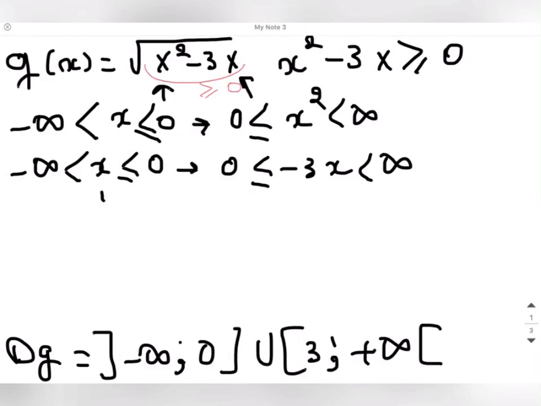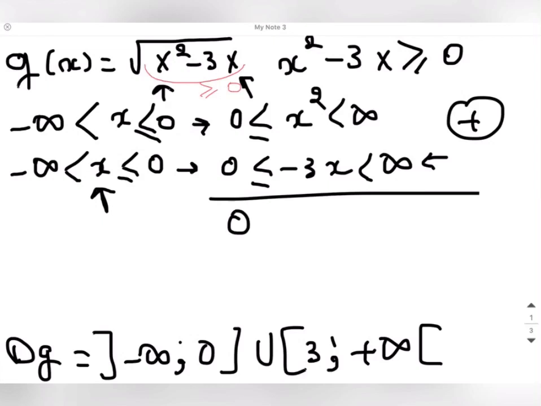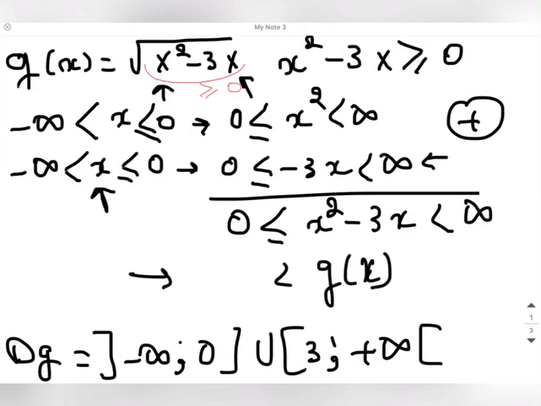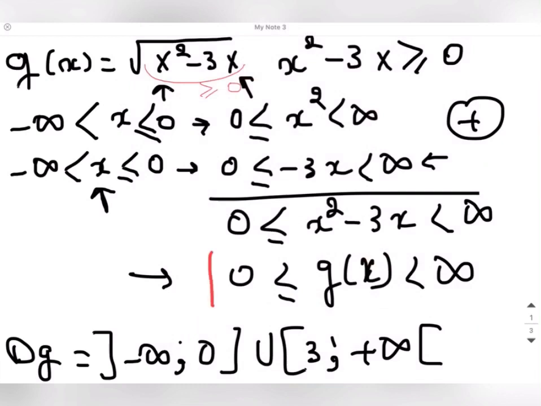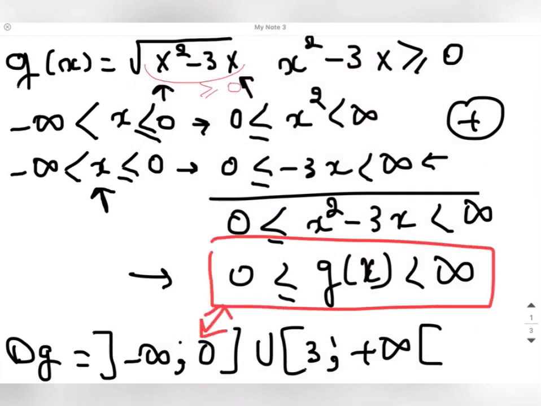We multiply by 3 and by minus 1, so we get this. Add these two, we get that x squared minus 3x is between 0 and infinity, so g of x is between 0 and infinity. This is the first range we reached. Okay, this is the first half that we reached from this.